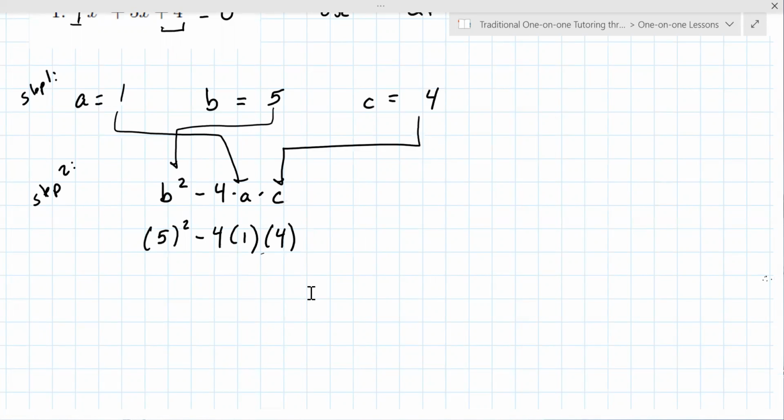So 4 times 1 is 4. And 5 squared is 25. 5 times 5, sorry about that. It's 25. And then 4 times 1 is 4. You've got another 4 here that you're multiplying by.